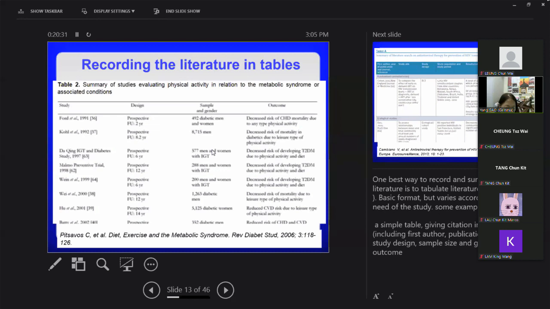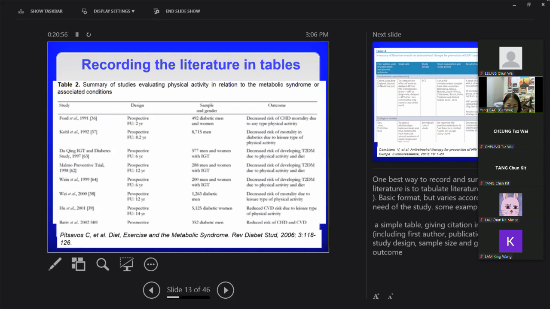Sometimes you may already make a decision after reading the abstract, whether it's useful or not useful. If it's useless, you may just pass it. No need to save a copy, and no need to read the main text.